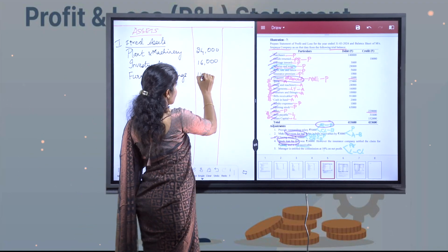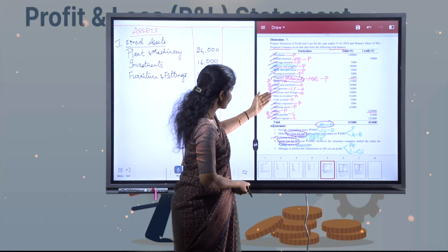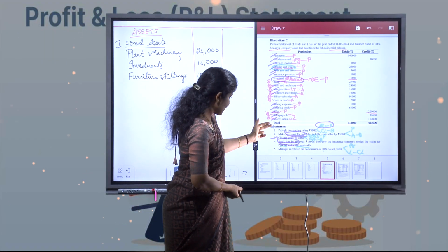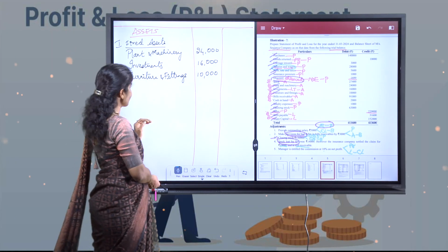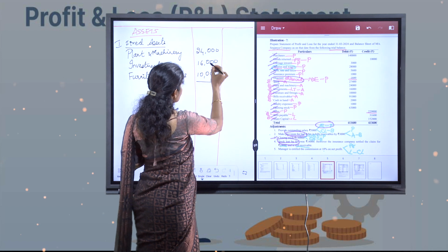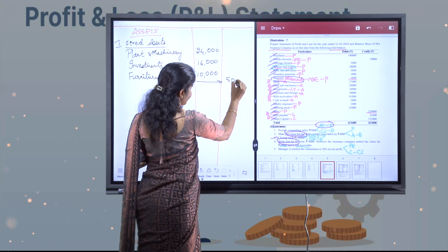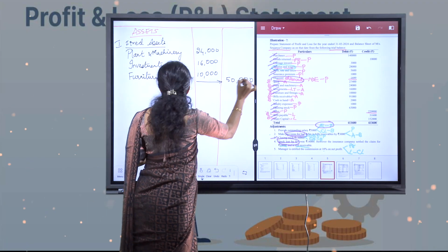It is 10,000. Okay, let us see any other information. Bills receivable, cash and so on, we have only these three items under the fixed asset. Let us take this total. So this is 50,000. This 50,000 is a fixed asset.